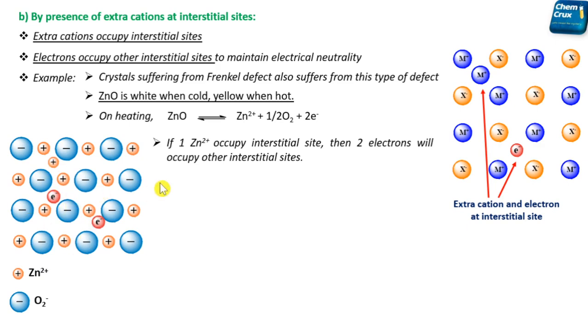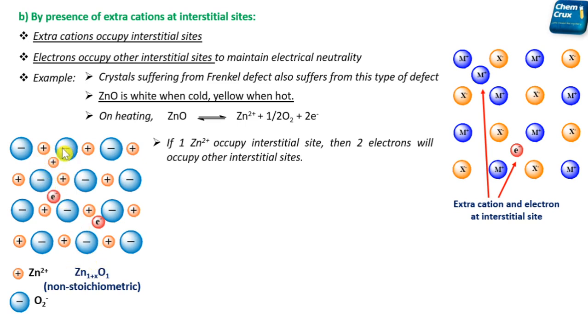Now coming to stoichiometry. As you can see, the stoichiometry of Zn2+ and O2- is not 1:1 anymore. Rather, because one Zn2+ is extra in this crystal lattice occupying one interstitial site, the ratio is now 1+x:1. Correct. And as you can see, one Zn2+ is in excess.